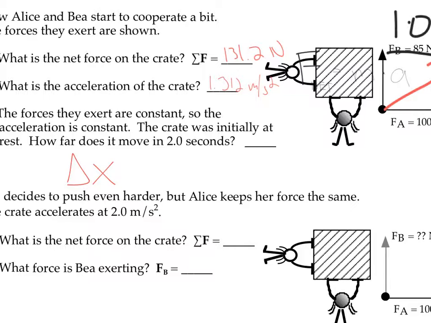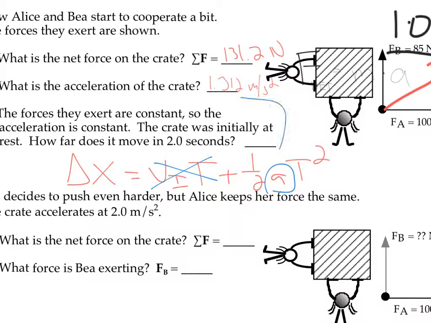This is how far does it move in 2 seconds. It's initially at rest, so we know v_i is 0. So we can use this equation. Since v_i is 0, then this term becomes nothing. We can plug our acceleration in right there, we've got the time at 2 seconds, and we can find the distance the object moves.